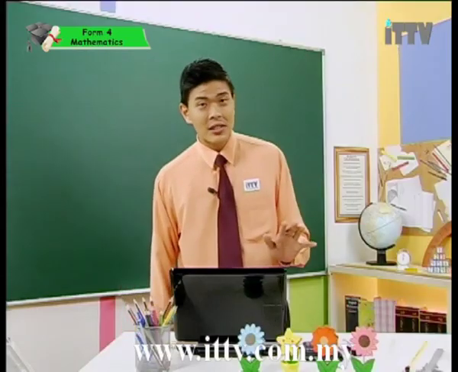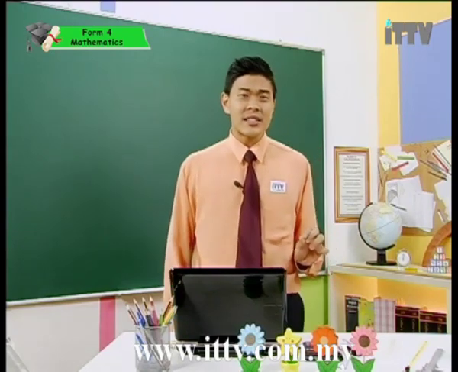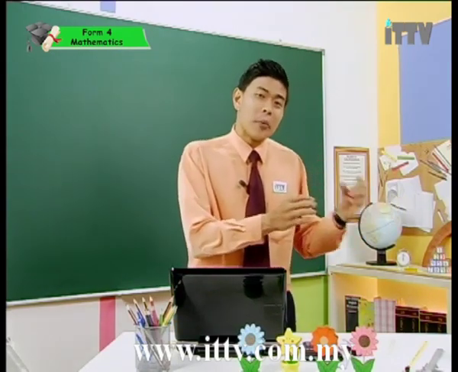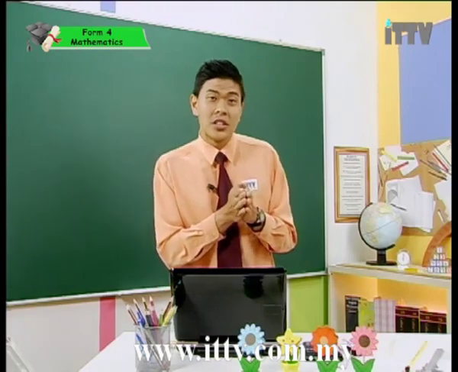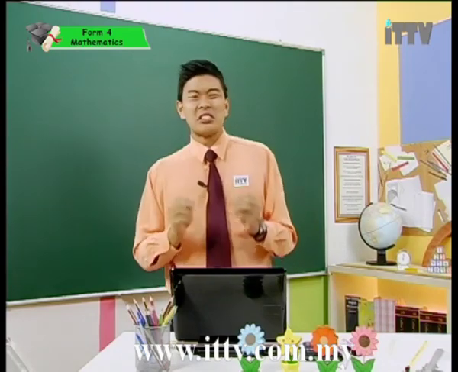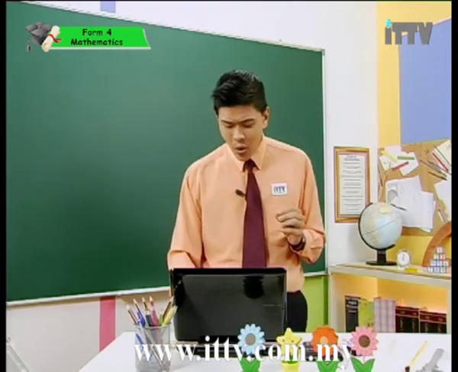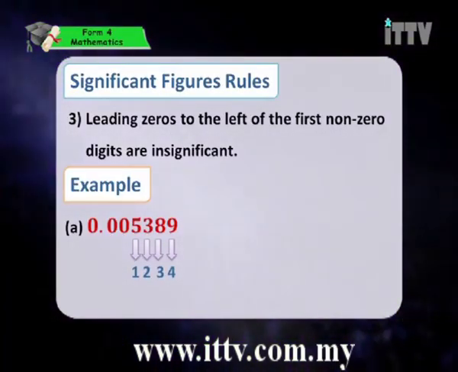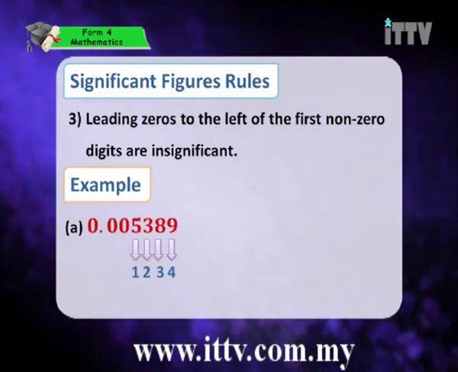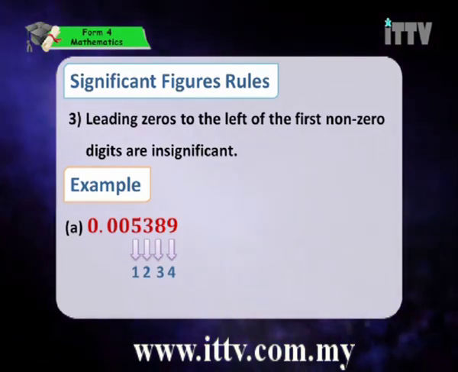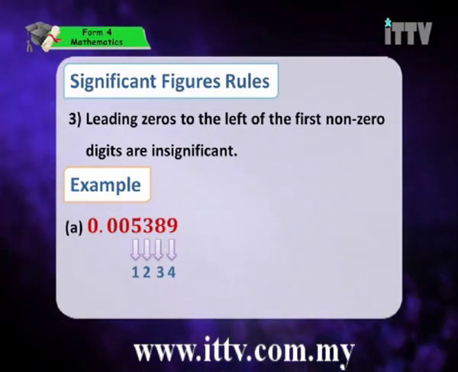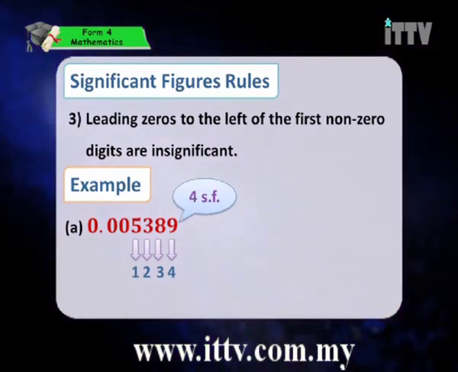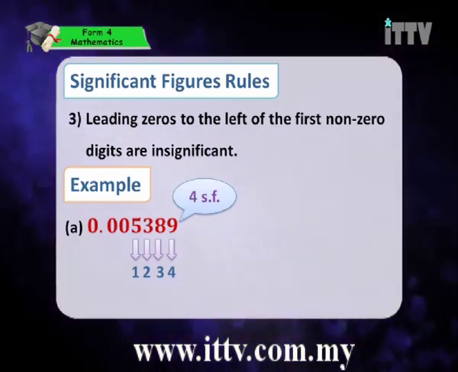Well, they are not, because rule 3 says that leading zeros, meaning zeros before a non-zero digit, are not significant. So this number only has 4 significant figures, starting from 5, 3, 8, 9. But this whole number is said to have an accuracy of 4 significant figures.